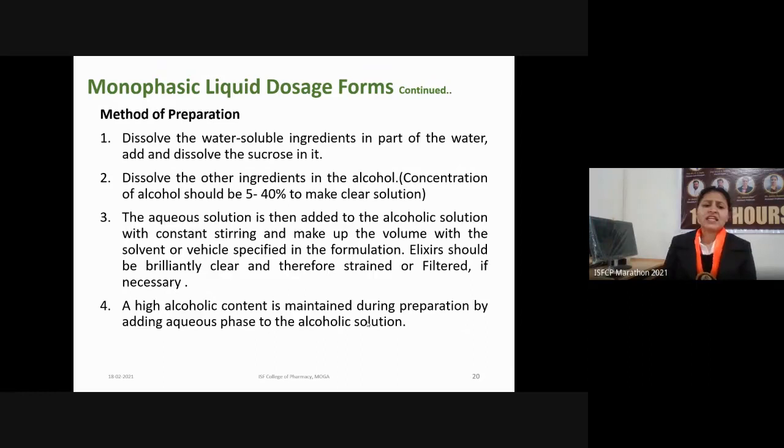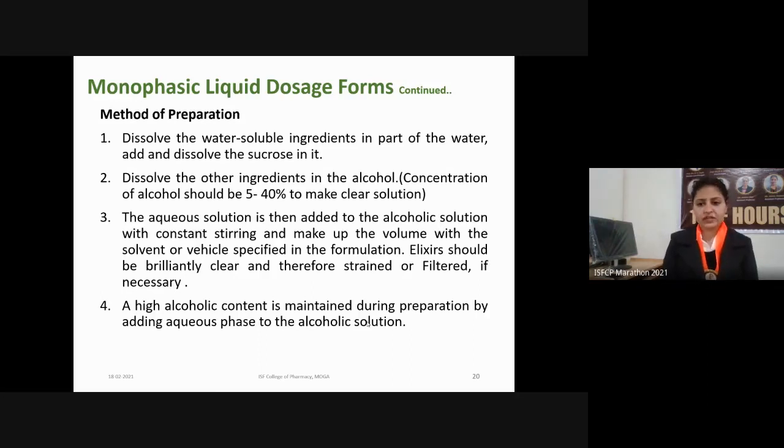Elixirs can be prepared simply by dissolving. We can divide it into two parts. The components which are soluble in water are solubilized in the water phase. It means to dissolve the water soluble ingredients in a part of the water, and dissolve the sucrose in it.